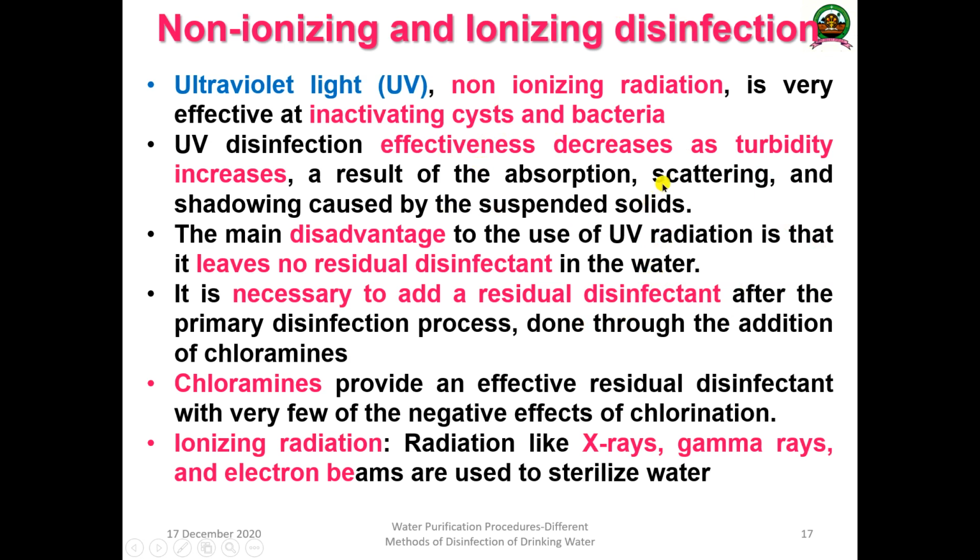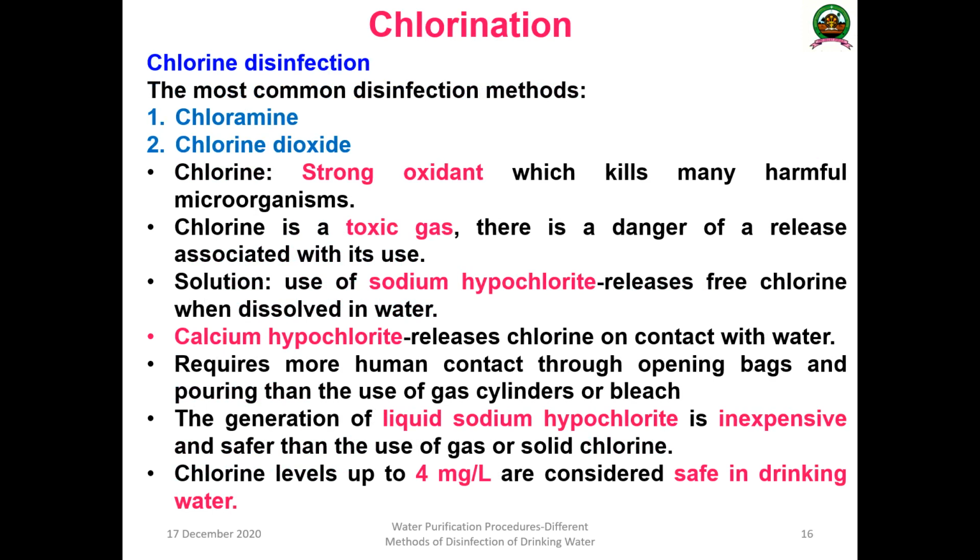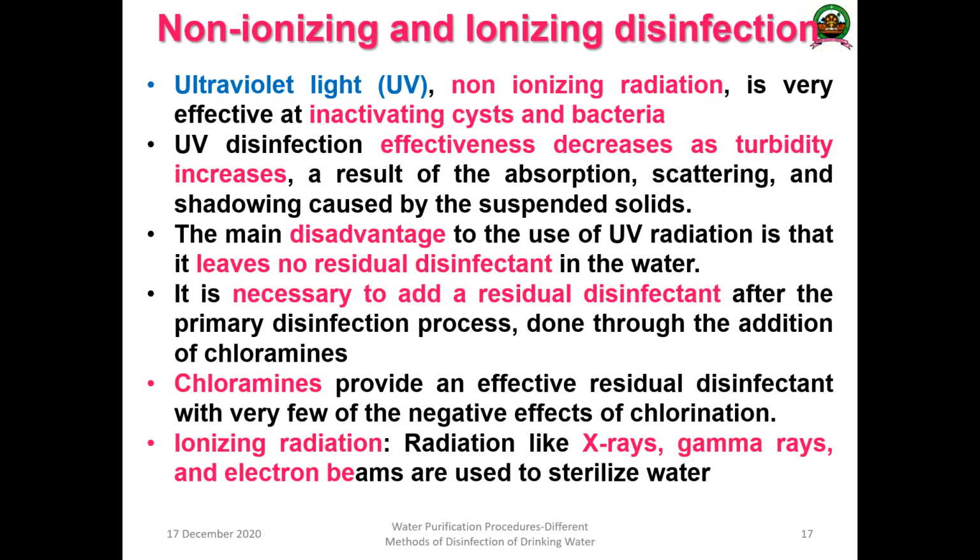The main disadvantage of the use of UV radiation is that it does not create any residual disinfectant in the water, while chlorine does. So when you treat with UV radiation, it will not produce any residual disinfectant in the water. Thus it is necessary to add a residual disinfectant after the primary disinfection.